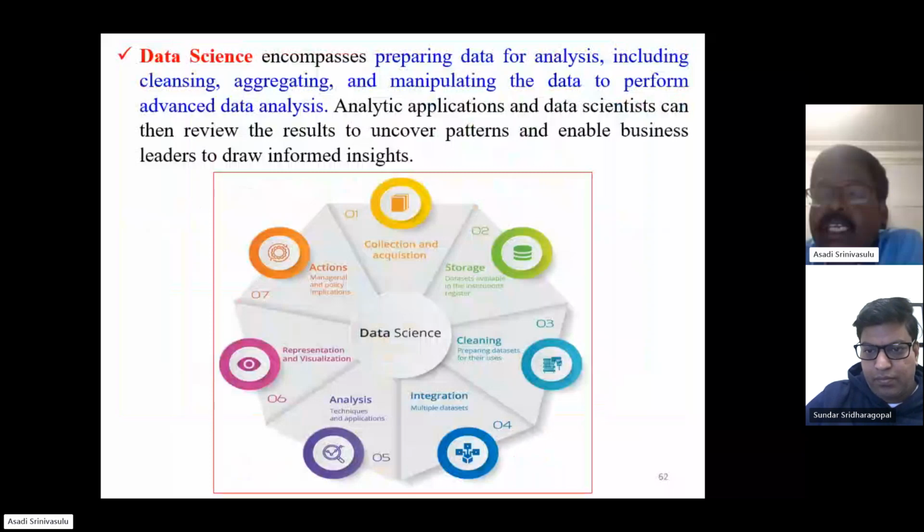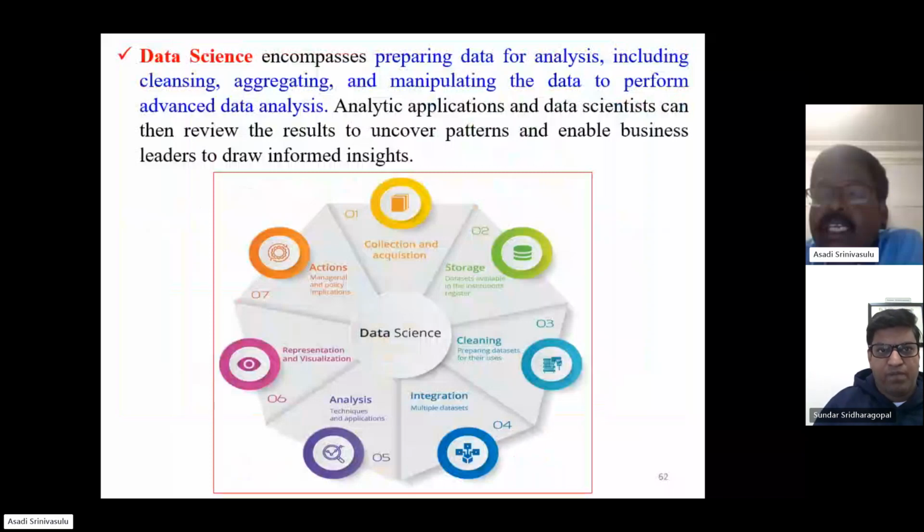So it encompasses preparing data for analysis, including cleaning, aggregating, and manipulating the data to perform advanced data analysis with the help of various tools and techniques. A data scientist can review the results to uncover patterns and enable business leaders to draw informed insights and generate meaningful analytics.